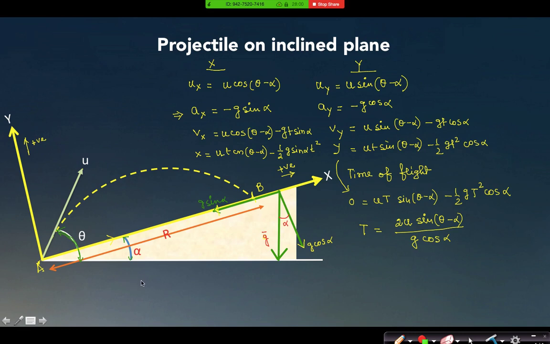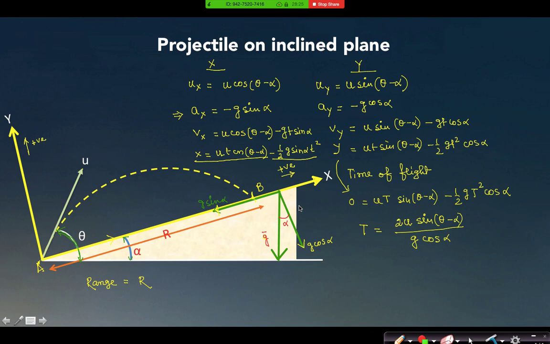Can I find the range? How do I find the range? It is not simply u cos(theta minus alpha) into the time of flight capital T. Look, here the x equation is not only u t cos(theta minus alpha), but there is also minus half g sin alpha t square.